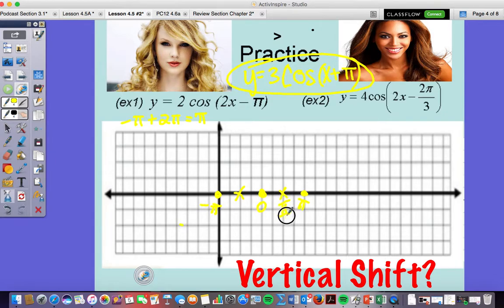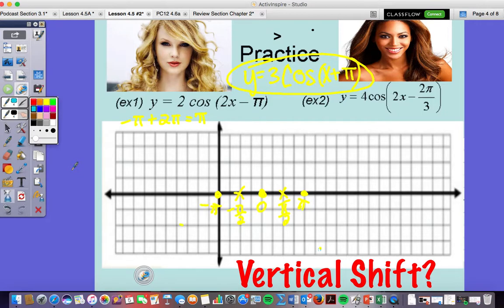Good. It's just the middle value between those two. Okay? All right, so that's how I set that up. Is anyone confused on how I set that up? How are we feeling? Good?